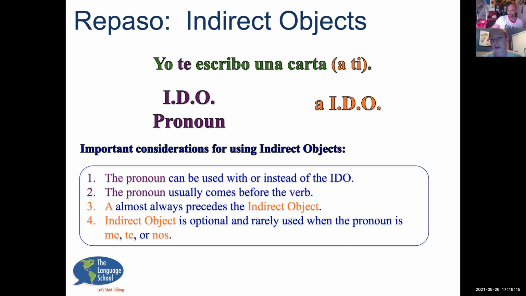So in English, we would only use one or the other. In Spanish, you can use both of them at the same time. So if we're going to connect the actual indirect object by name, we would use the connecting word a, which is like saying to, right? So if I say a ti, it's like saying to you.